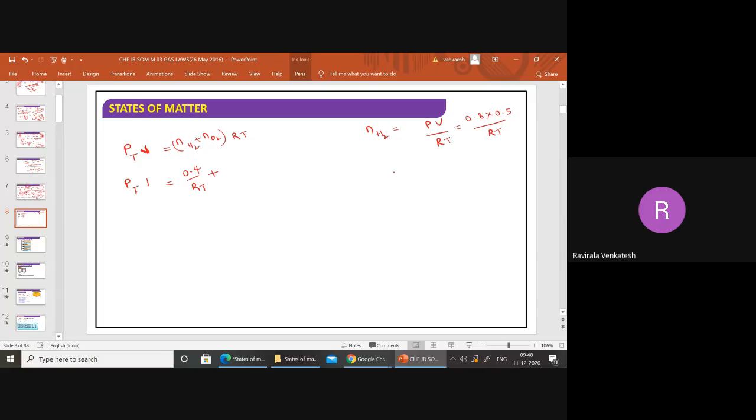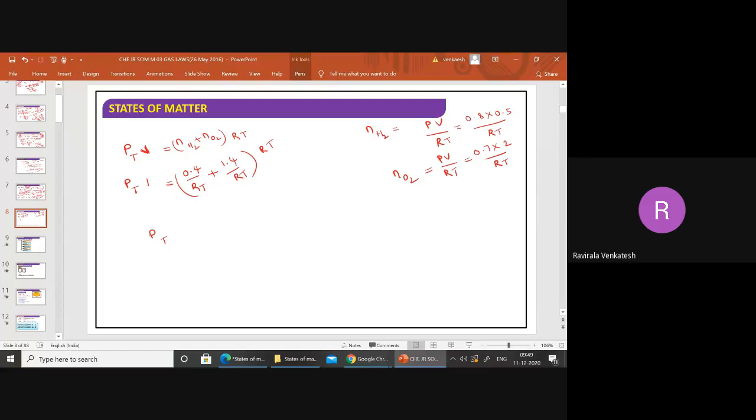Plus number of moles of oxygen. Again formula will be PV by RT. Pressure of oxygen will be 0.7, and volume of oxygen will be 2 liter, divided by RT. 0.7 into 2 is equal to 1.4. So take 1.4 RT. Now again, in the place of 1, I can take P total here.